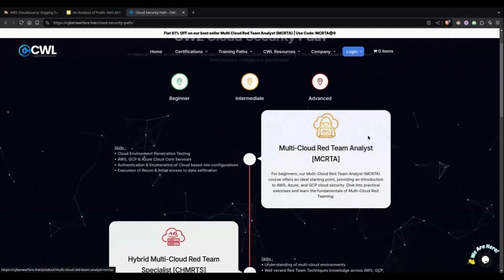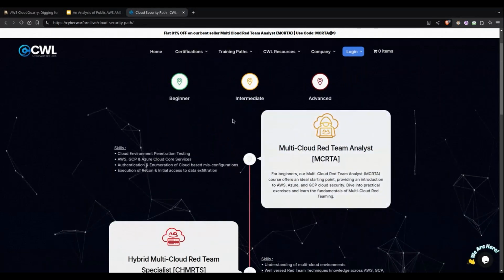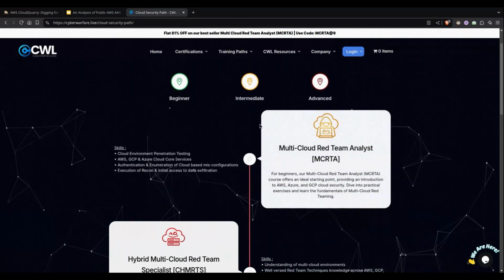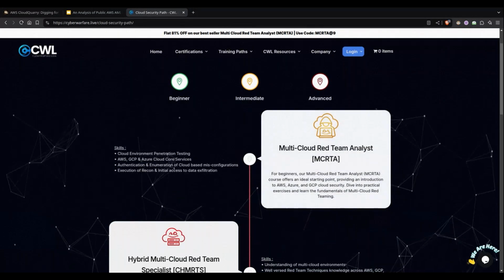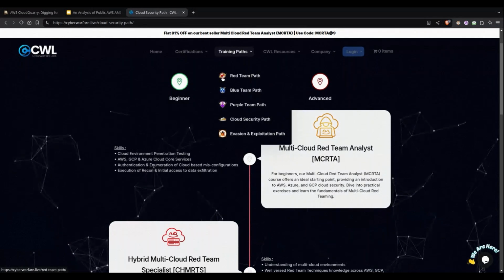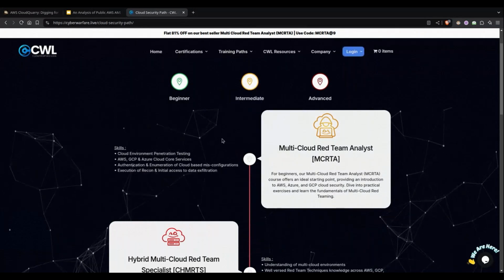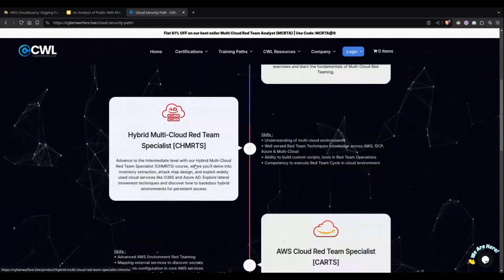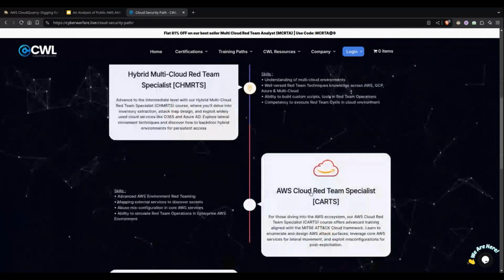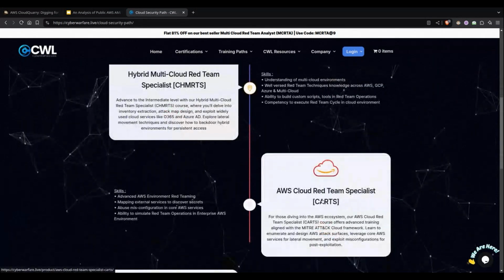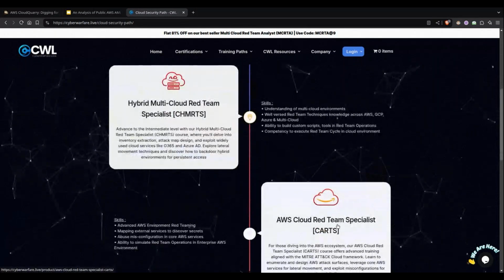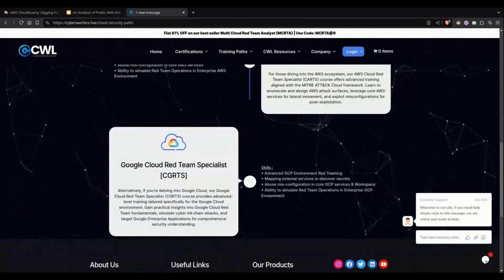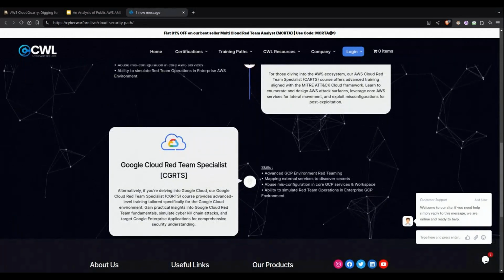This is a roadmap that we have created for the red teaming cloud training path, the cloud security path. We have courses like MCRTA and CHMRTS, and we also have CRTS, which will teach you all about AWS cloud red teaming, and we also have Google Red Team Specialist, CGRTS.